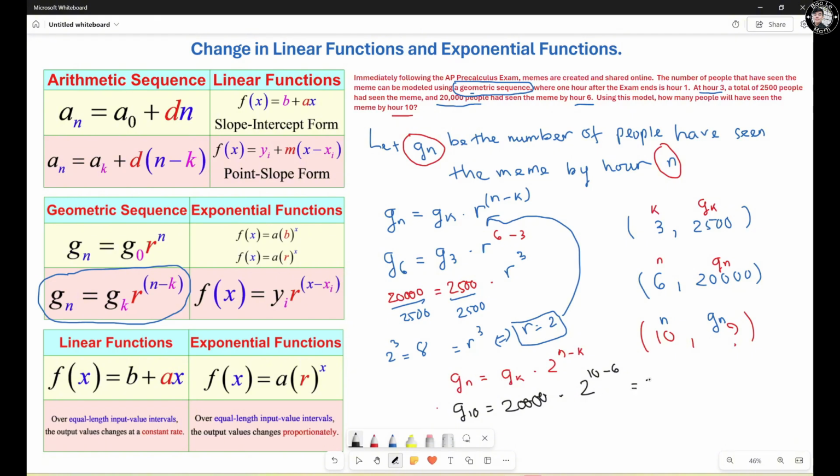It's 20,000 times 2 to the power of 10 minus 6, which is 4. So it's 20,000 times 2 to the power of 4, which is 16. Multiplied by this, it's going to be 320,000 people.